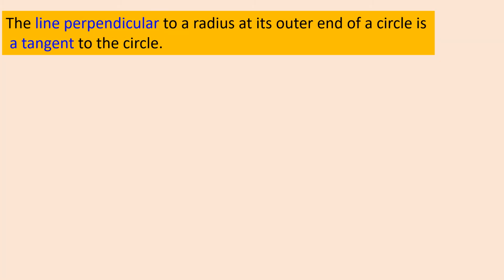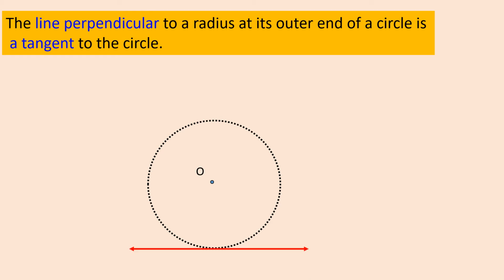Here we have another statement related to tangent. What they are saying: a line perpendicular to a radius at its outer end of a circle is a tangent to the circle. So let us see the circle with center O. Now we are going to take a line. We will not call it a tangent because in this statement we are taking it as a line.